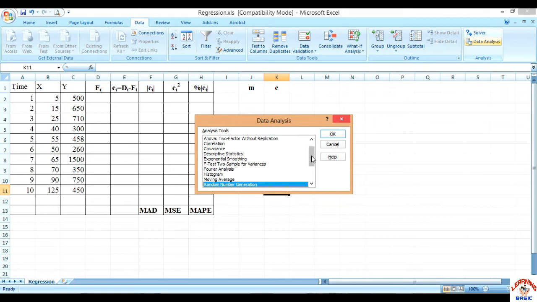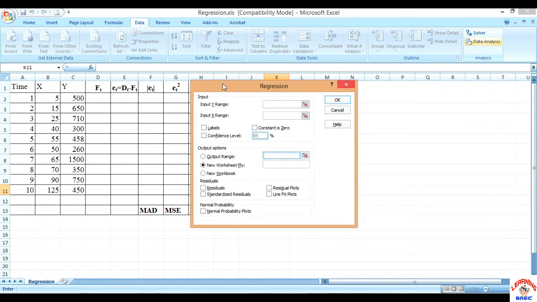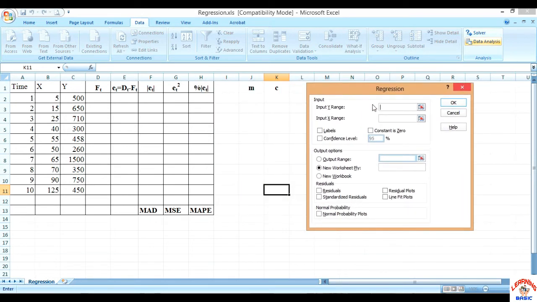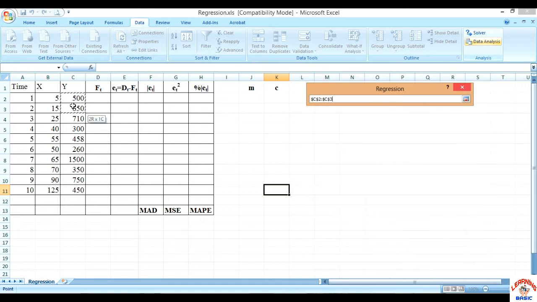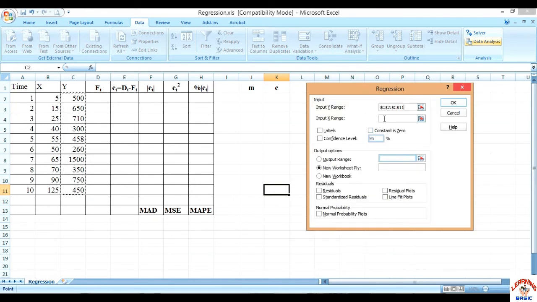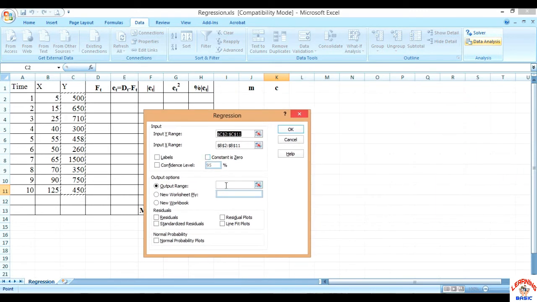Click over there, and after coming over here click Regression and OK. It will ask you for the y range and the x range. So I select the y range, and I'll also put the x inputs here. Then click output range and put any cell where you want to get the output.